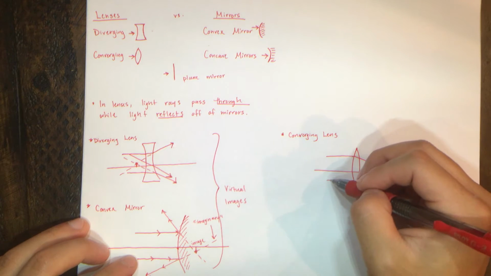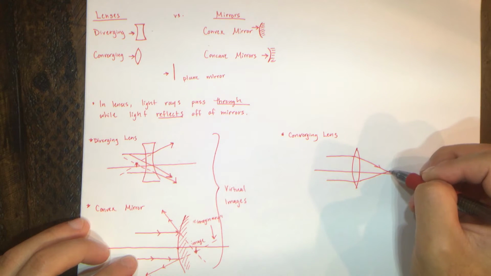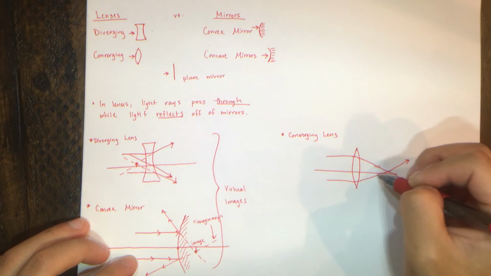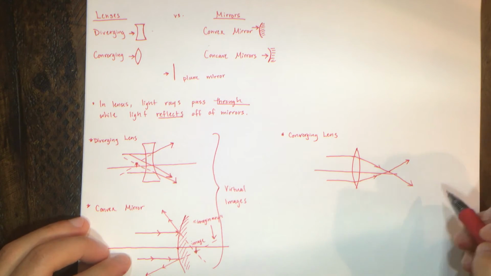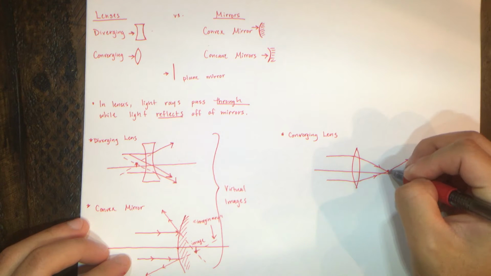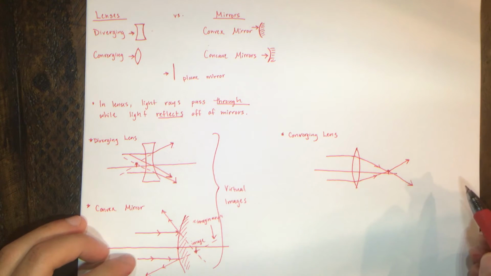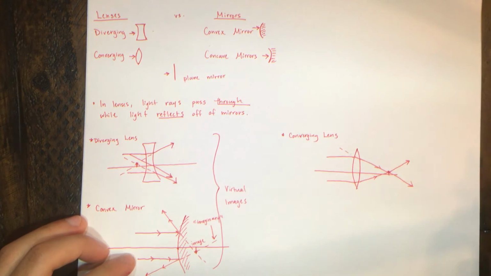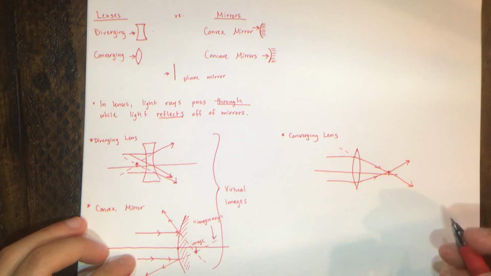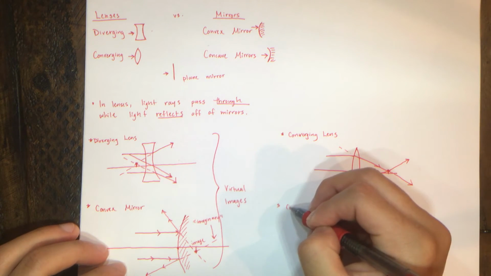And if we have another one that comes here, it will also go towards the center. They go straight, and then where they cross is where this image will be. We know that this is real simply because we don't have to draw these imaginary lines, because that would be pointless. And that's the same for a concave mirror.